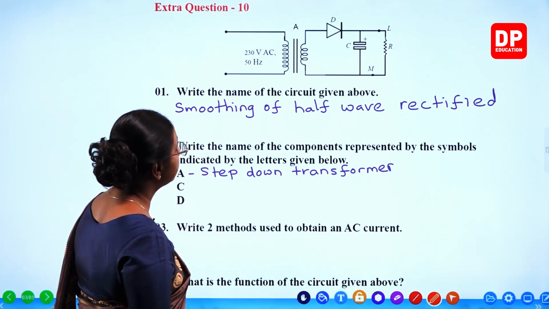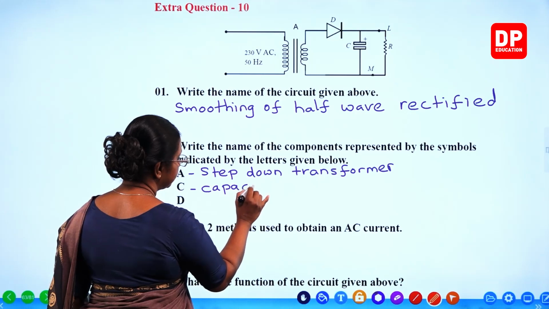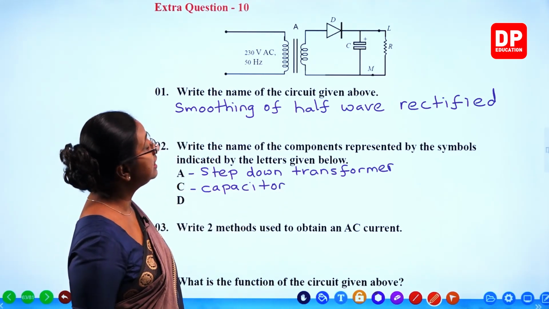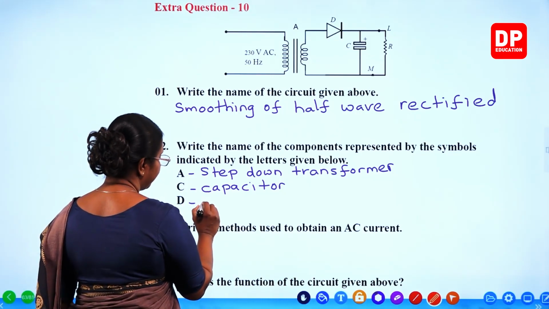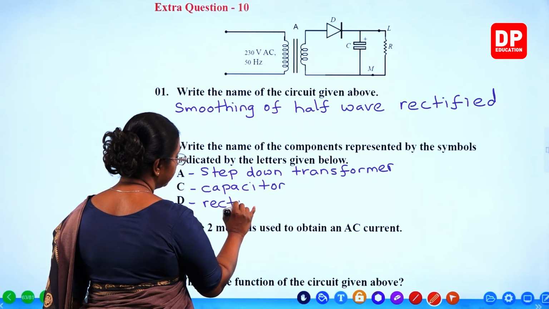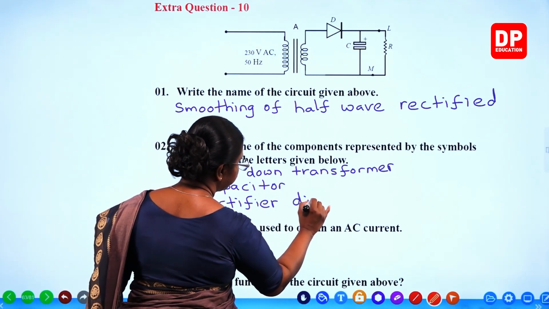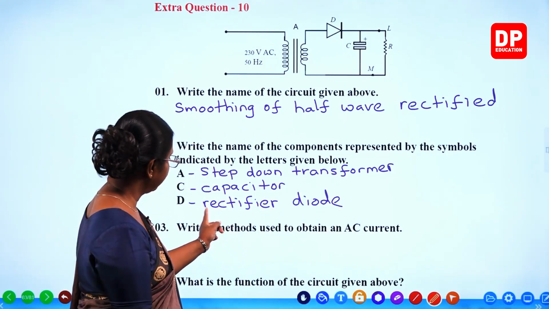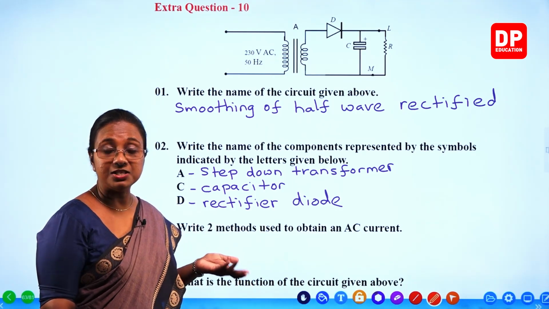Then C, what is C? C is a capacitor. You can see there, capacitor. And then D, what is D? D is a diode or rectifier diode. I will write it as rectifier diode. You can even just write it as diode, leaving this rectifier part out because we use the normal PN junction diode.